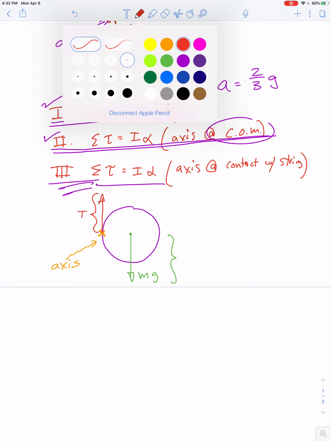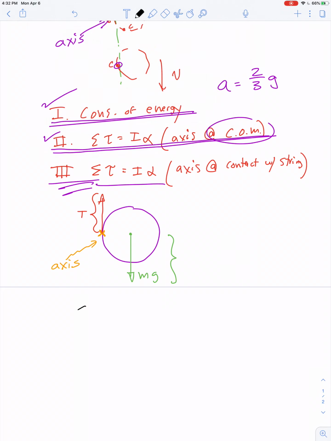So let's see if we can identify what's the net force on this system as well as the net torque on this system. Well, net force is just going to be mg minus T, which means ma is mg minus T. The net torque depends on both force and lever arm factored together.